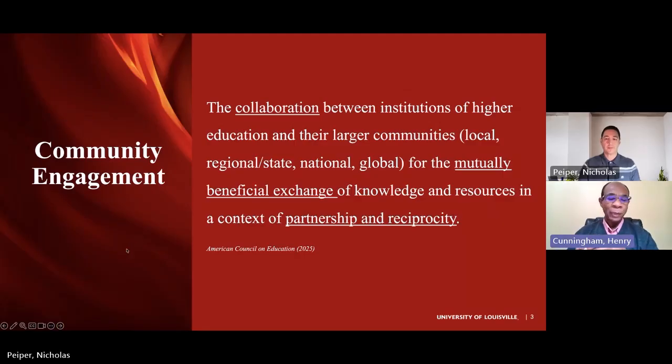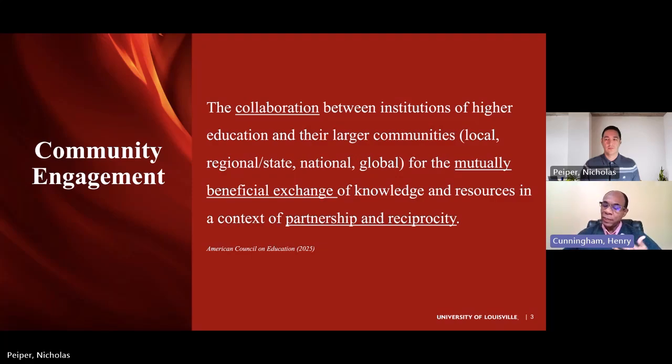But first, what we'd like to do is spend some time talking about community engagement and defining what exactly community engagement is. This is very important because the definition of community engagement really defines what this work is. It's the foundation of what this work is. The University of Louisville uses the Carnegie definition of community engagement, which states that this work is a collaboration, and this collaboration is done in a mutually beneficial way.